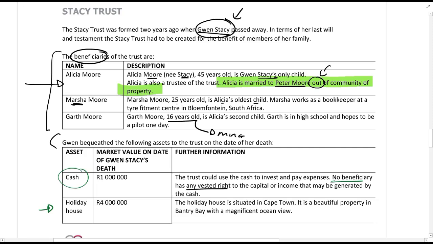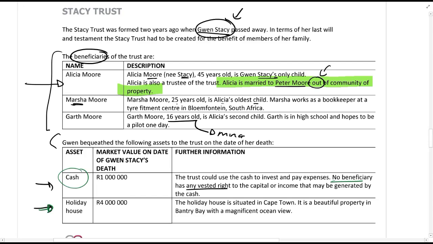What I want you to understand about Gwen Stacy is this: unless they specifically ask us something about her, such as a calculation of what she would have paid in the past, which is unlikely because this happened 2 years ago, you treat her simply as a source. She passed away, and some of the income or assets, like the cash and the holiday house, come from her.